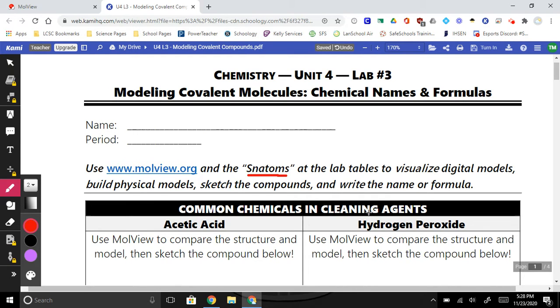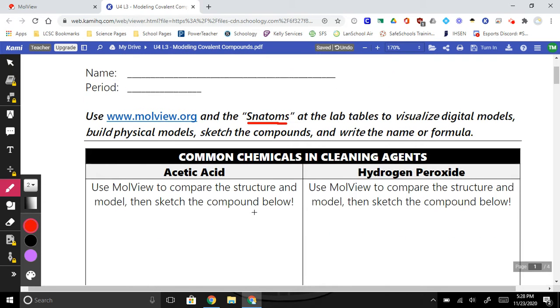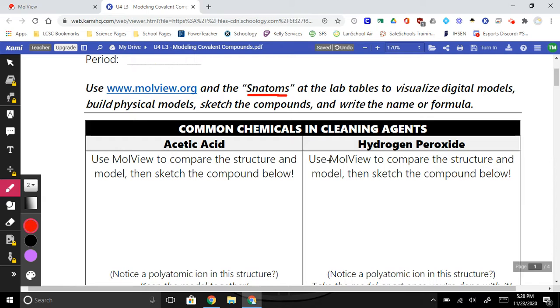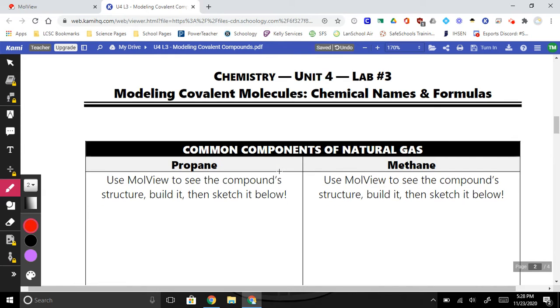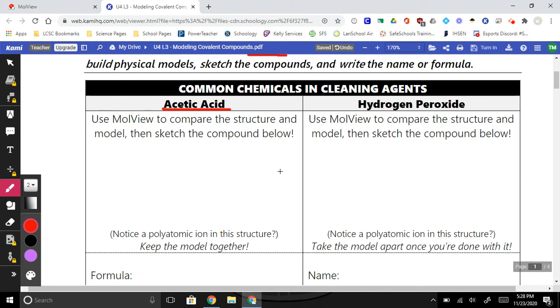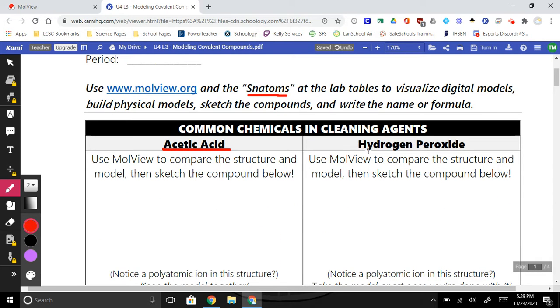So what we can do with MolView is look up chemicals by a common name, like acetic acid, or we can look them up by a technical name. Like our hydrogen peroxide here is going to be H2O2.